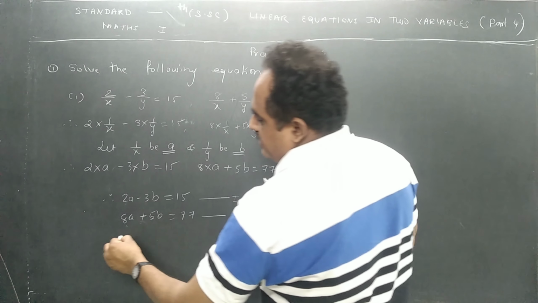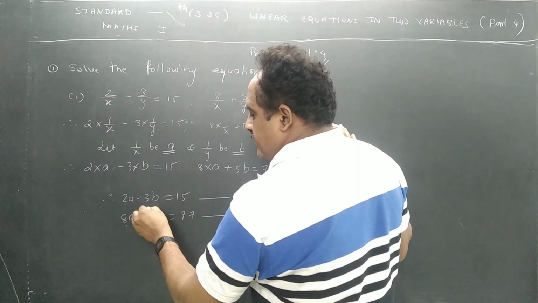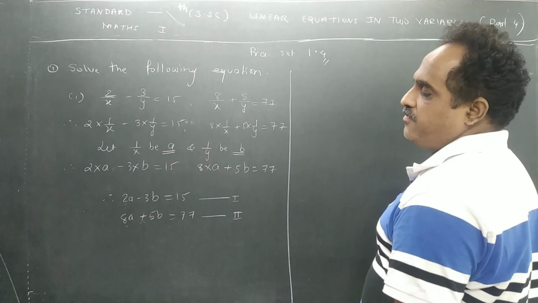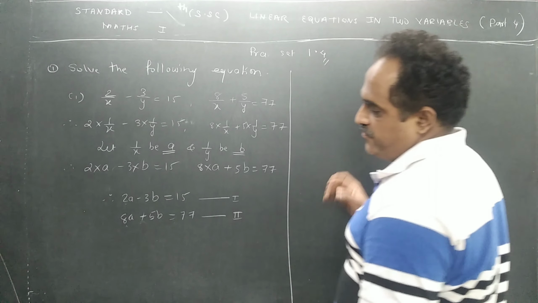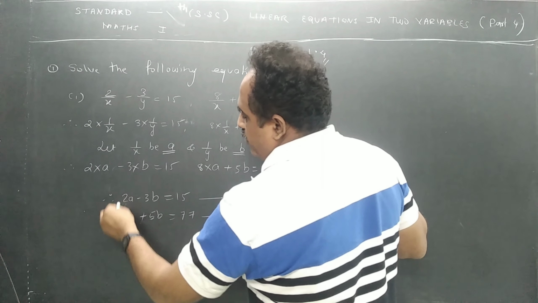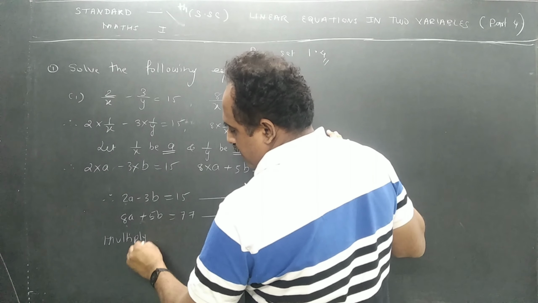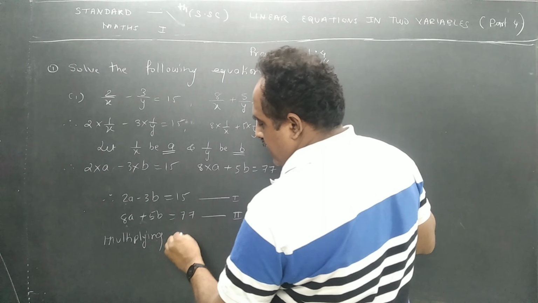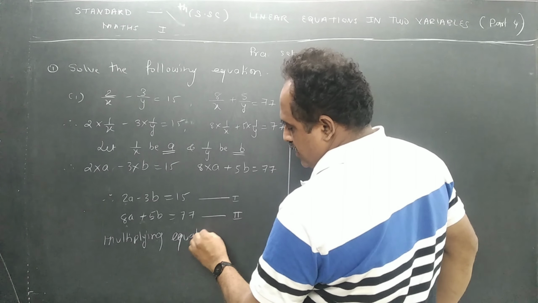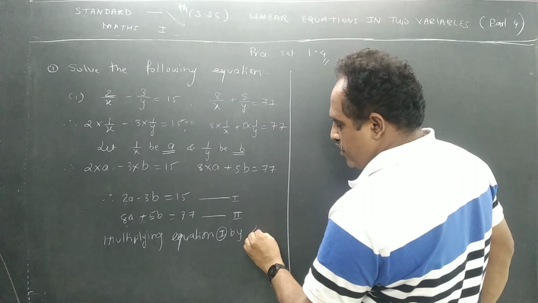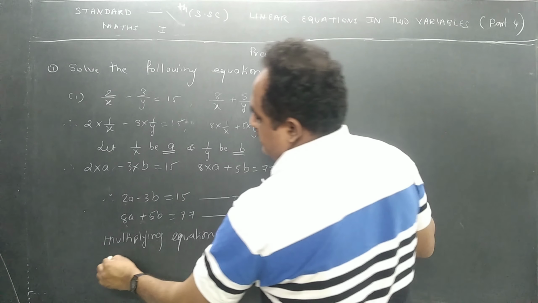Or you can consider the coefficients of b, then you have to multiply equation 2 by 3 and equation 1 by 5. So I will go by a simple way, multiplying equation 1 by 4.